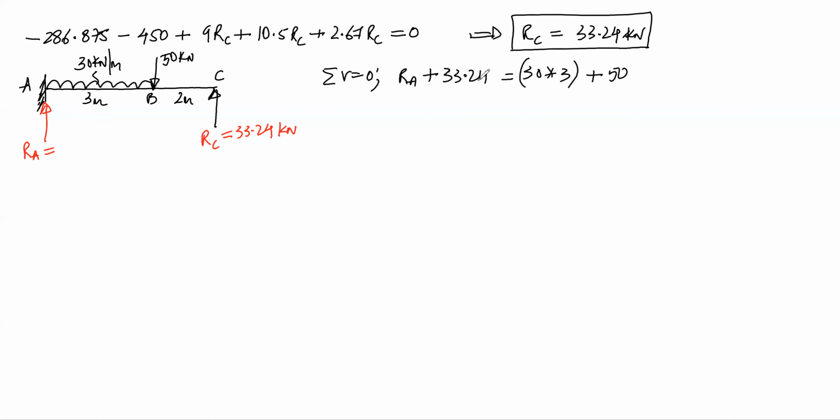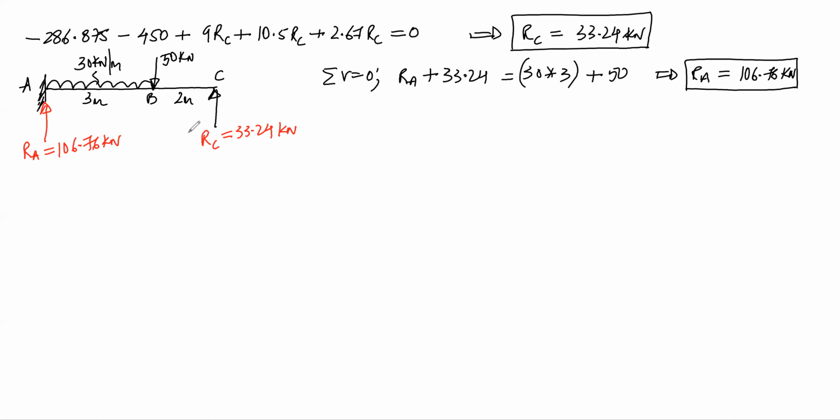So here I'm equating upward forces is equal to downward forces, and from this equation I can find RA, which will be 106.76 kilonewton. So now I have determined the value of reaction at A, which is 106.76 kilonewton. So I know both the reactions.